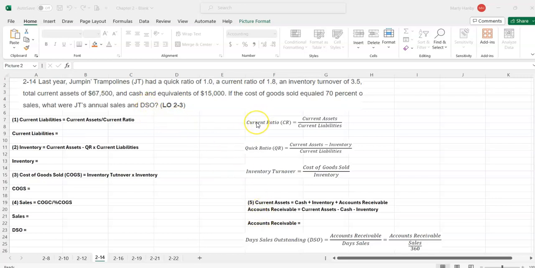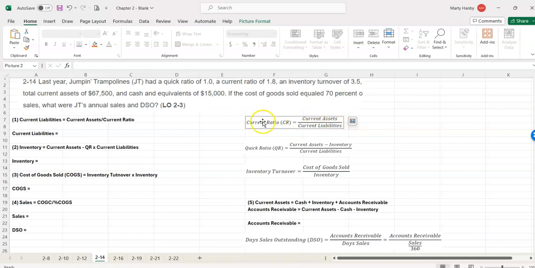I've copied in the formulas for current ratio, quick ratio, inventory turnover, and Days Sales Outstanding. The first thing we're going to do is use our current ratio and current assets to calculate current liabilities, so we'll rearrange the equation. Simple algebra: you multiply both sides of the equation by current liabilities, and that cancels current liabilities here.